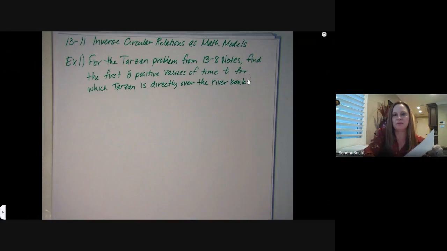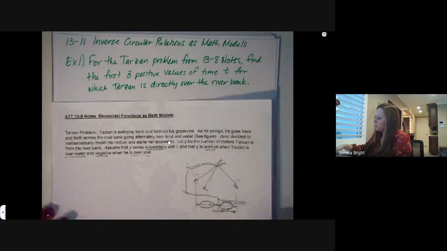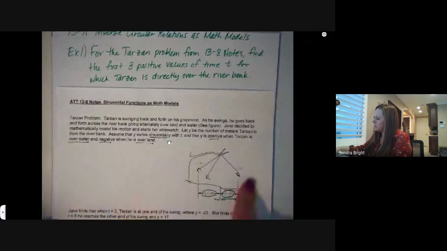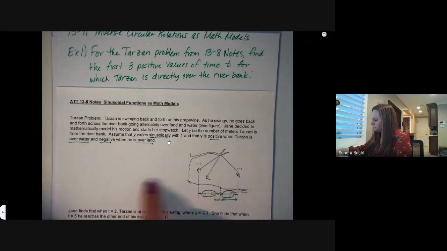So let me remind you of what was in the 13-8 notes. This was the Tarzan problem where he's swinging back and forth on his grapevine, and as he swings, he goes back and forth across the riverbank. Here was the riverbank right here, going alternately over land and water. Jane decided to mathematically model his motion and starts her stopwatch.